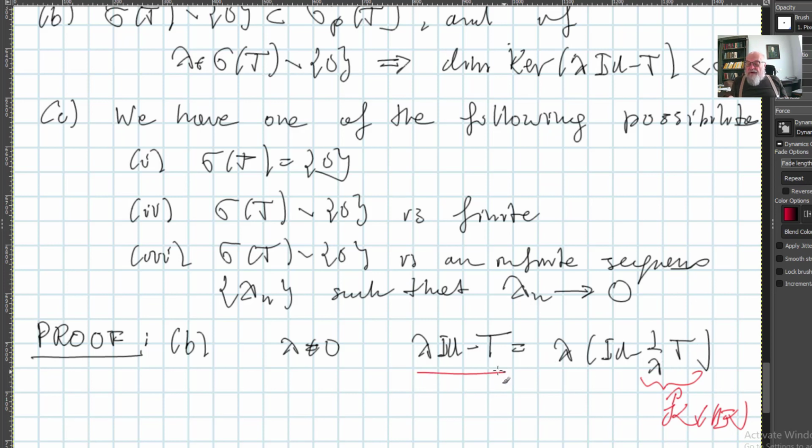This operator has a kernel, but this is the same kernel as that operator. That means this kernel is actually the eigenspace of the operator T.